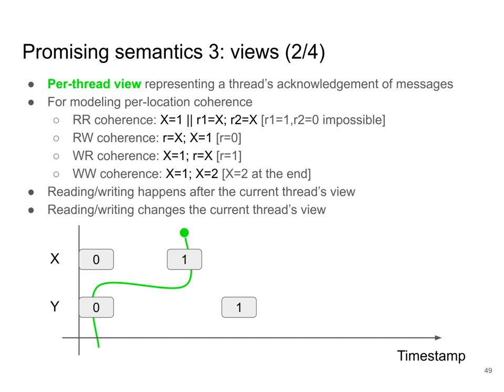And at this time, we cannot read 0 because X equals 1 is already acknowledged by the earlier instruction. As a result, we cannot read an old value, and we should read the latest value 1 here, because 1 is not yet overwritten by myself, because I am pointing to this message. So overall, this behavior is impossible due to the coherence and the per thread views. If R1 equals 1, R2 should be 1 at the same time.